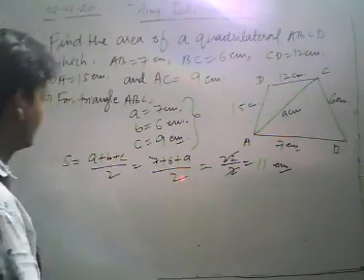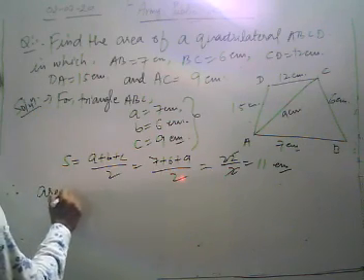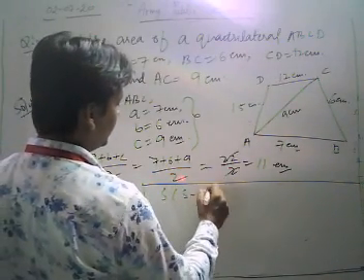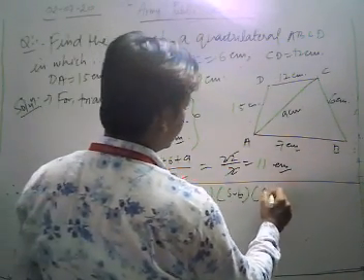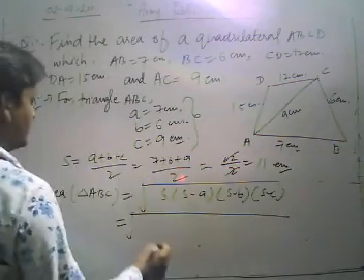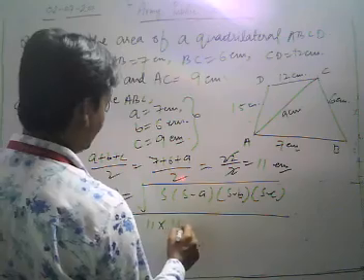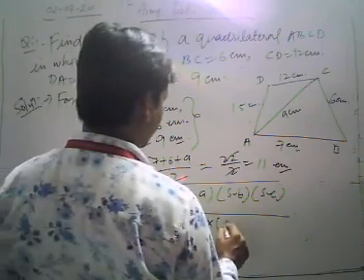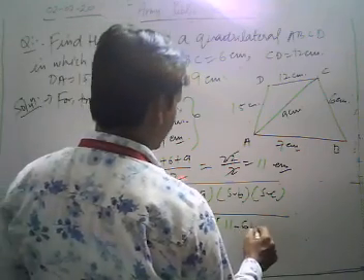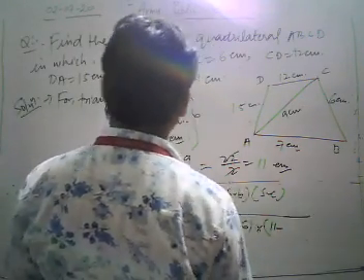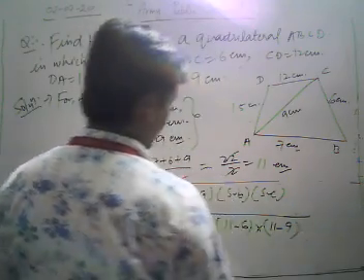Now the area of triangle ABC, we use Heron's formula: square root of S into S minus A into S minus B into S minus C. S is 11, A is 7, B is 6, and C is 9.